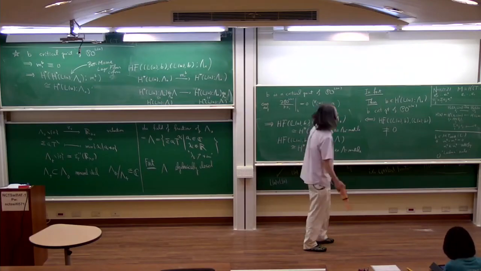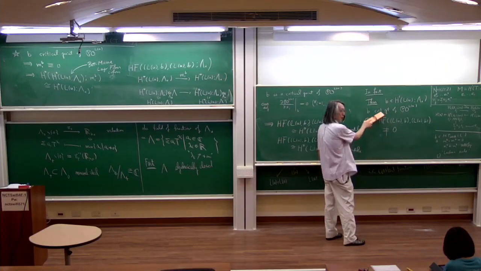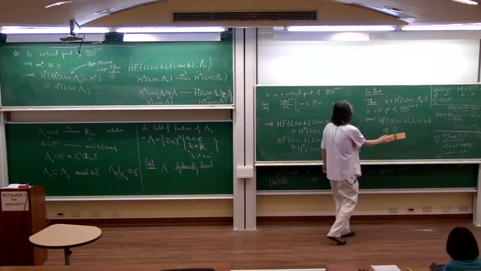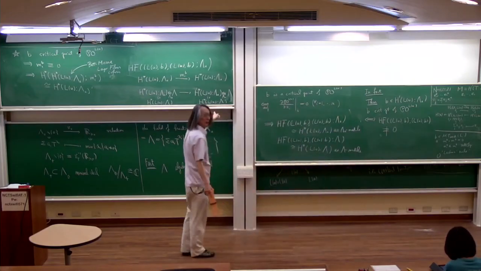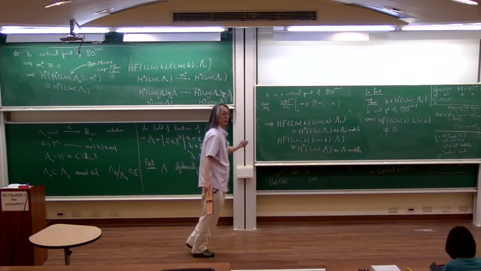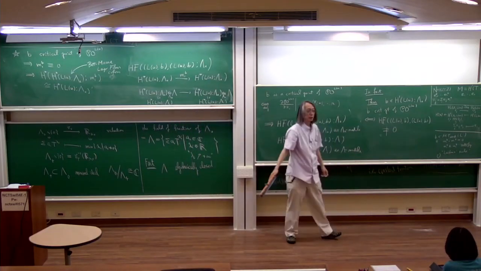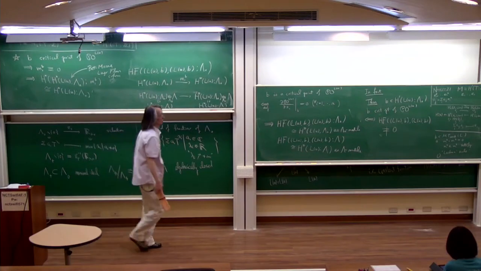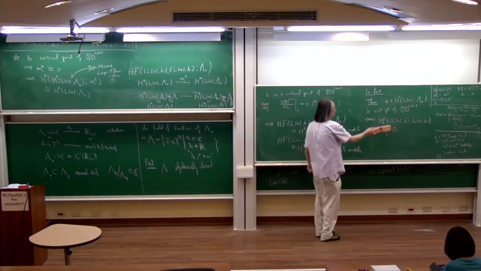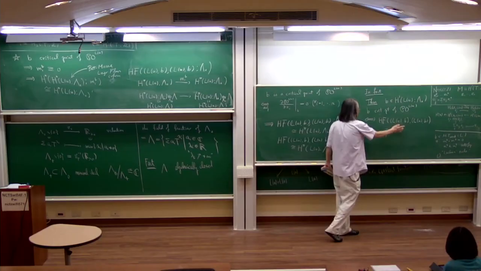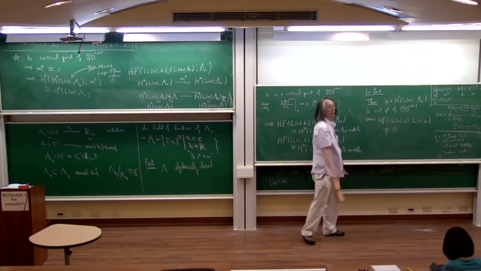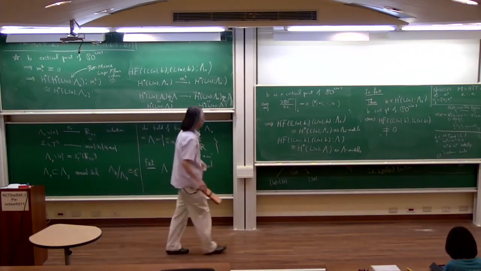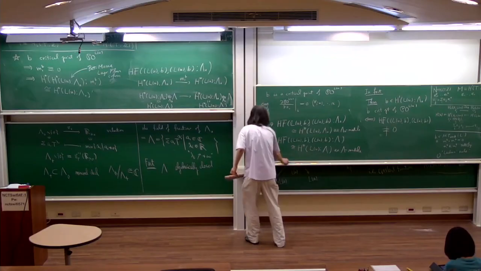But this statement says that if it's not a critical point, then this vanishes. If it is non-zero, then this is isomorphic to the cohomology of the Lagrangian. But otherwise, it just dies. So this is one statement, and if it is non-zero, then this is isomorphic to the ordinary cohomology as a module. Okay. So here I said that this is as module.